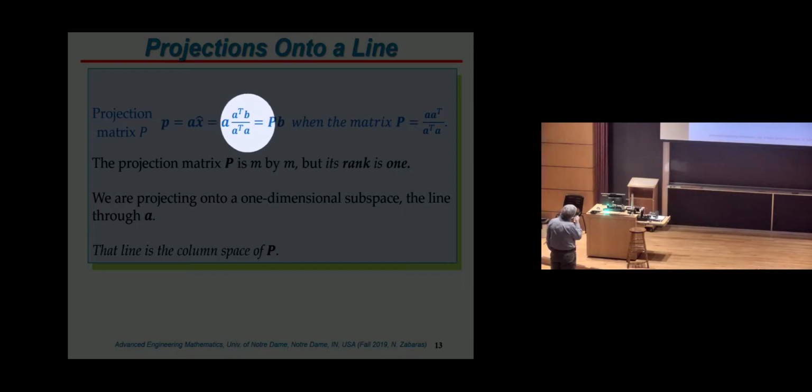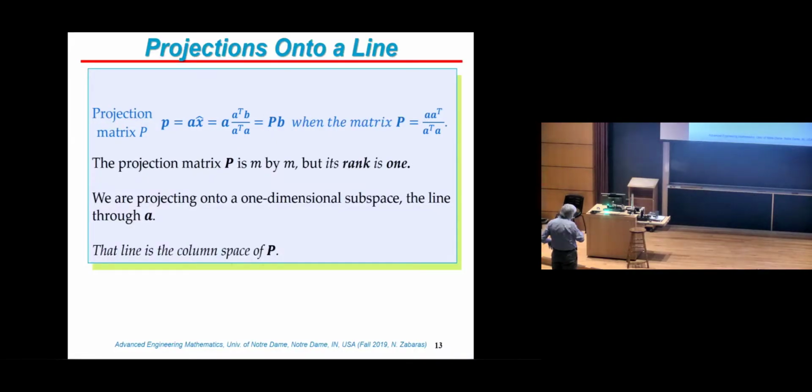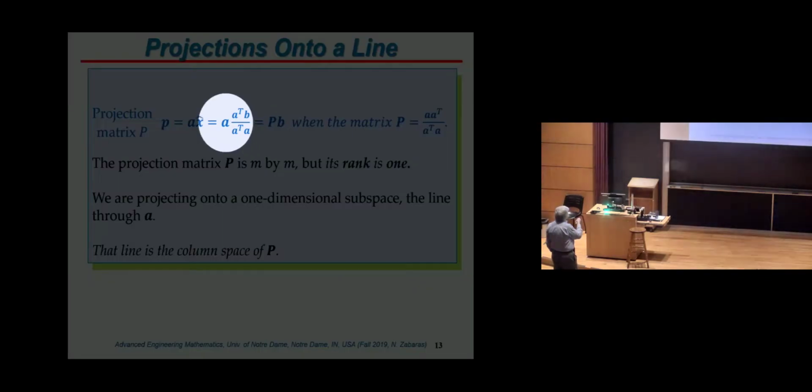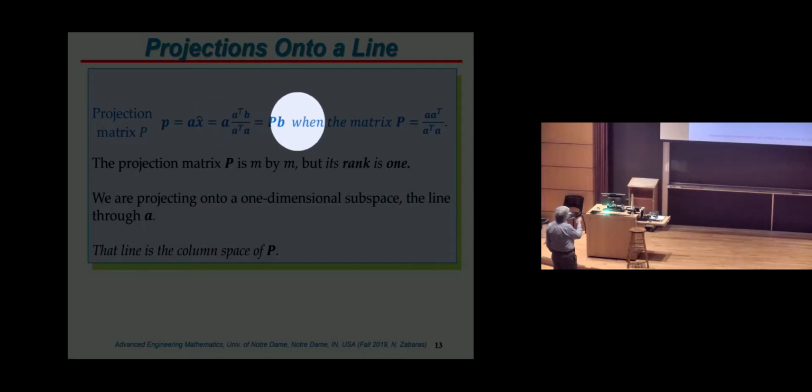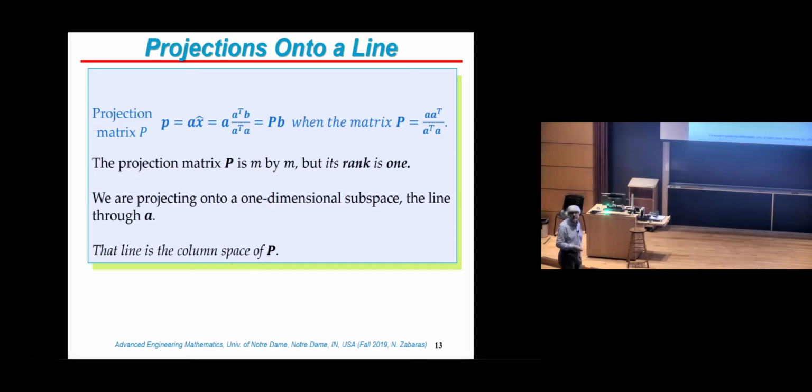I don't see any matrix there, but maybe you can rearrange terms and see what the projection matrix is. The projection matrix is AA transpose divided by A transpose A. And AA transpose is a matrix of what rank?